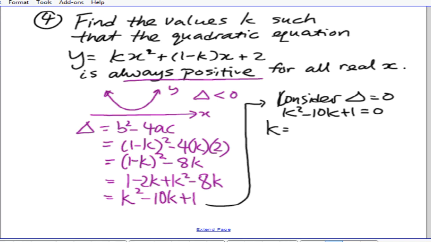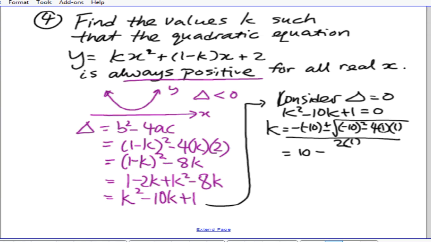So k in this case is negative b, which is negative times negative 10, plus or minus the square root of b squared, negative 10 everything squared, minus 4ac, where a is 1 and c is also 1, over 2a, 2 times 1.